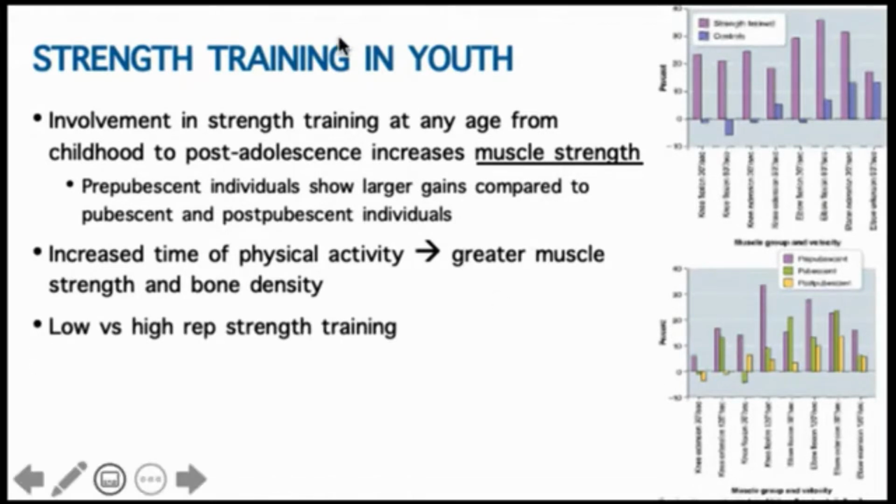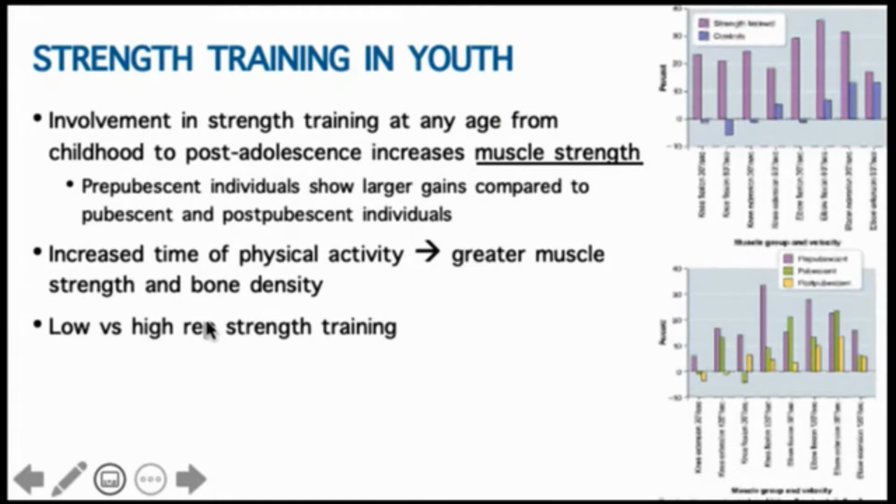We've also looked at strength training in terms of low versus high reps and the differences between those. Both of these in research have shown that there are increases in strength. High rep strength training usually also provides increases in endurance. Any of you fitness buffs know that typically when you do low reps, you use a higher weight, and when you do high reps, you use a lower weight.